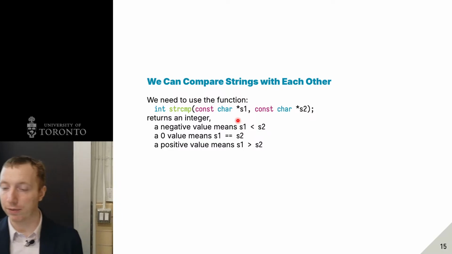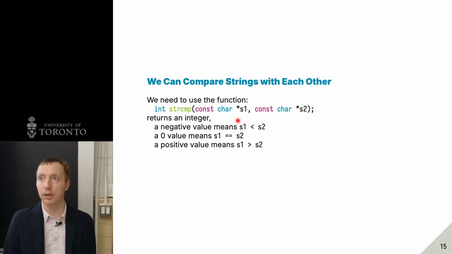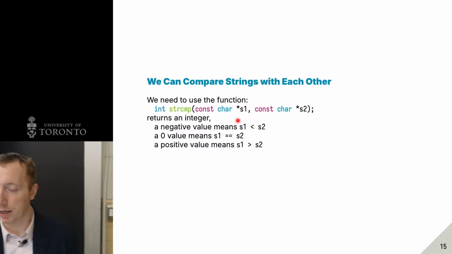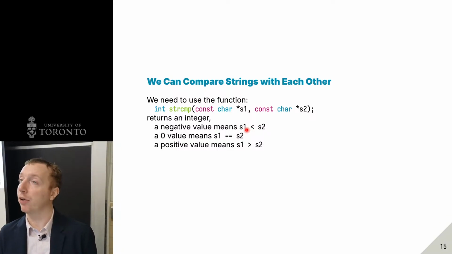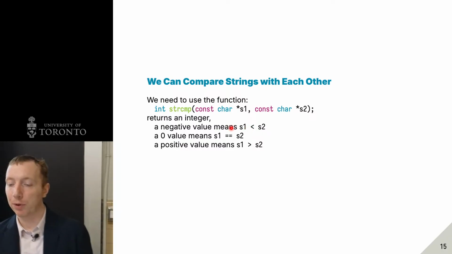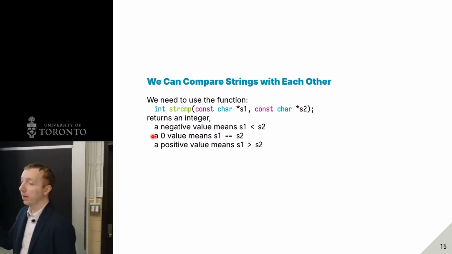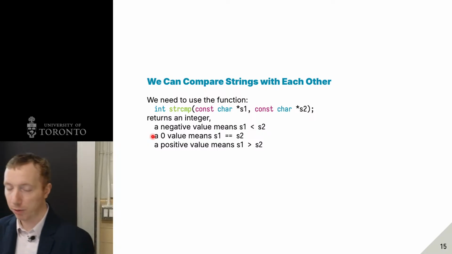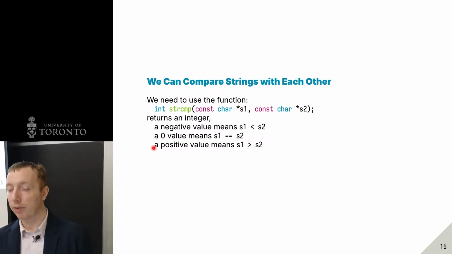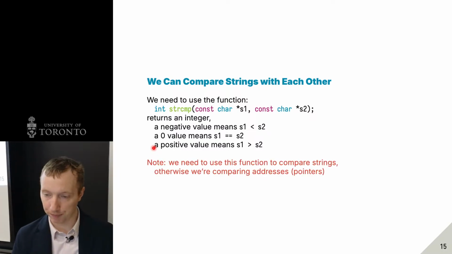The only thing that's defined is if that integer is negative, so any negative value, undefined what that value should be. If it's negative, it means that string 1, so what is on the left, is less than what is on the right. If it returns a value of exactly 0, it means the contents of the string are exactly equivalent. If it returns a positive value, that means string 1 is greater than string 2.